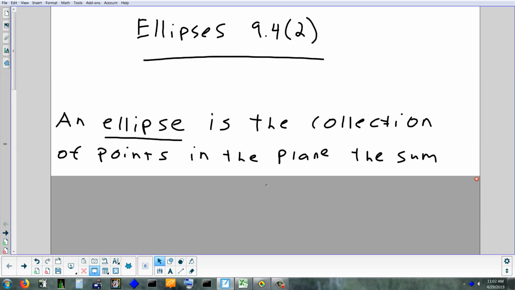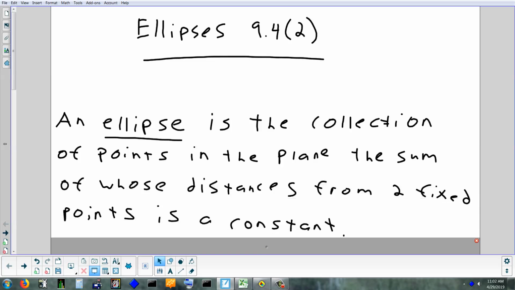With an ellipse, a little different. It's not going to be that two distances are the same. It's going to be that if you add up two distances, it's the same.